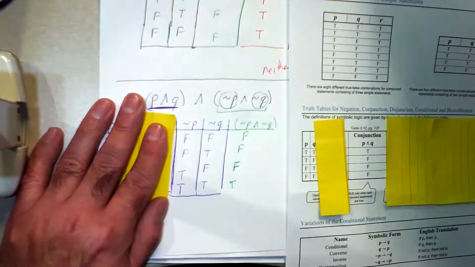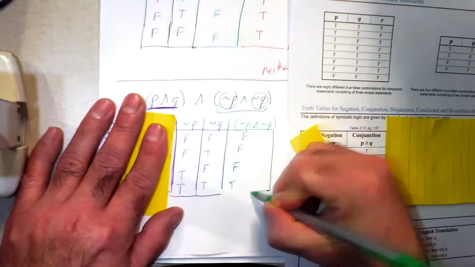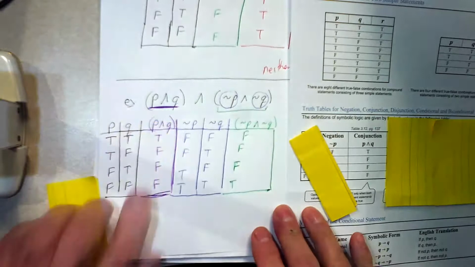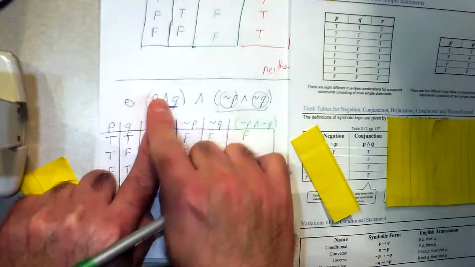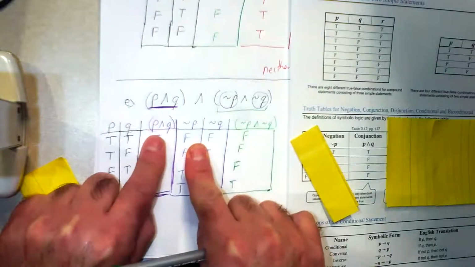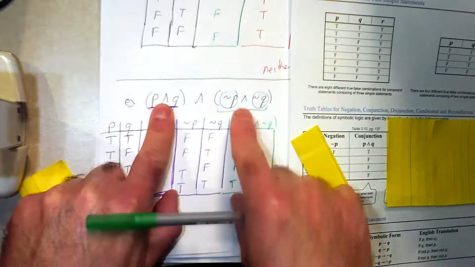Okay. So I have F, F, F, T. For the green, this is the green column, right? So purple is that, green is that. This is supposed to be blue. Sorry, they're not coming out, but this is purple. That's that part. This is the green.